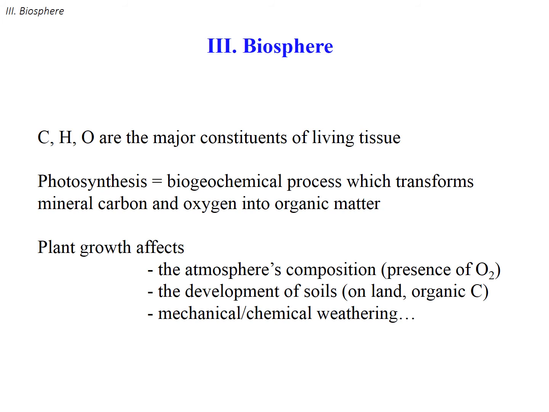It provides almost all of the biomass which other things eat. But it's also important because it changes the Earth's atmospheric composition. It provides oxygen, which allows larger life forms than just one cell to exist. It provides a very energetic molecule, oxygen, which is very useful.